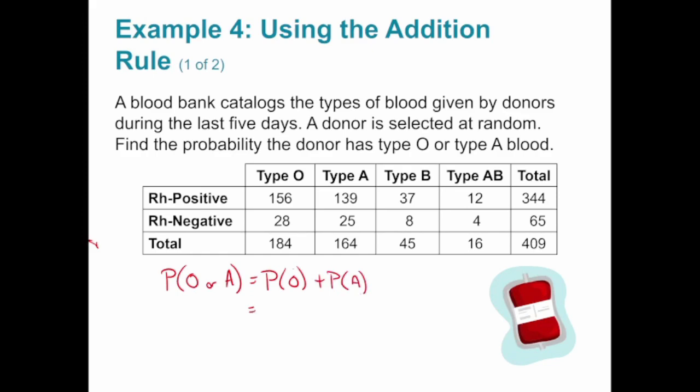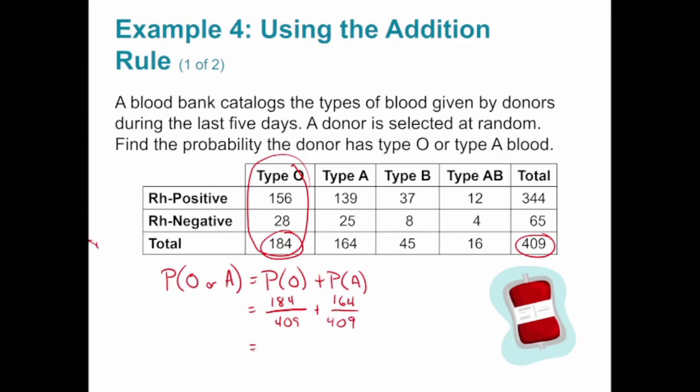When it comes to finding the probability of having type O blood, you want the total for type O, so favorable over the total. Our total for type O is 184 people who have type O blood out of our 409 total people. And same thing for type A, we end up with 164 out of 409.